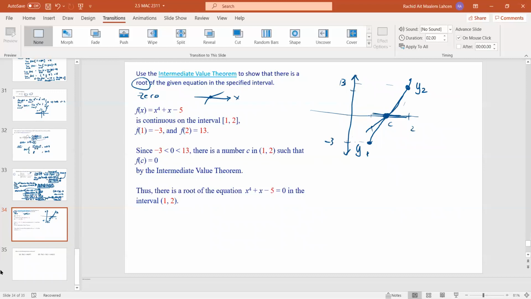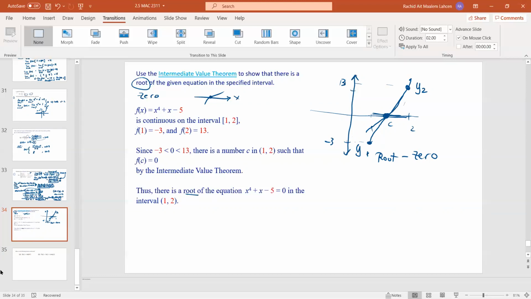That's probably not explained in this section. So it must cross it, and if it crosses it, then there is a root there, or what we call a zero. All right, so there is a root for the equation in the interval.